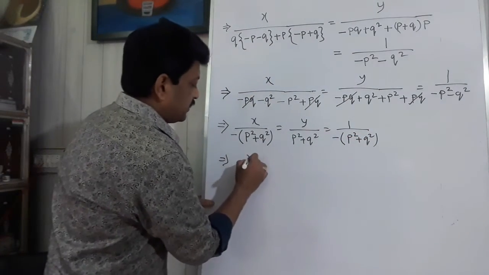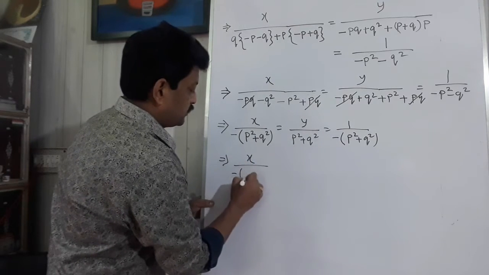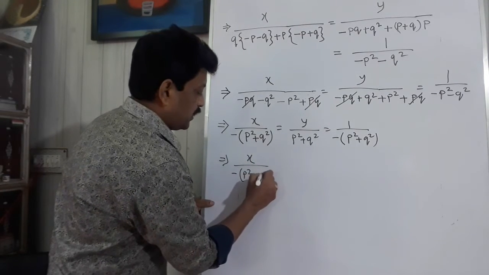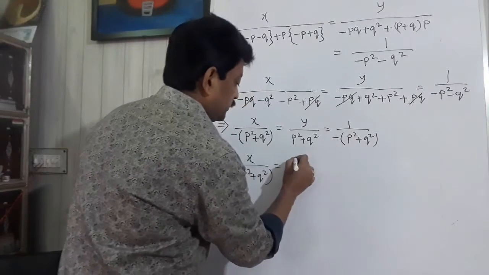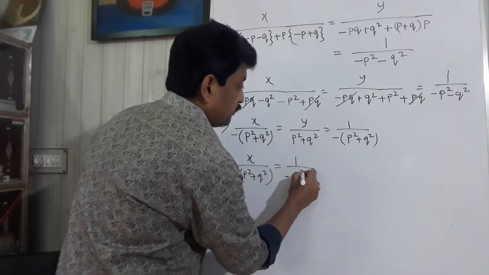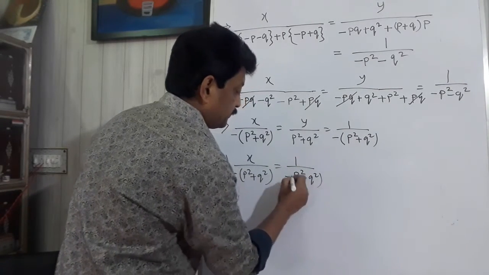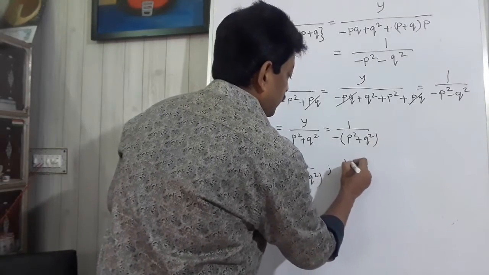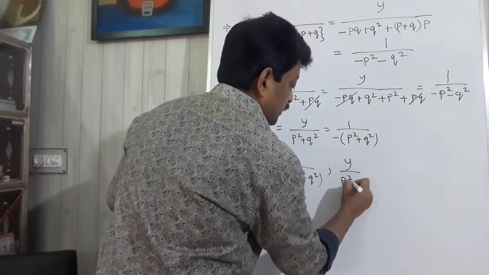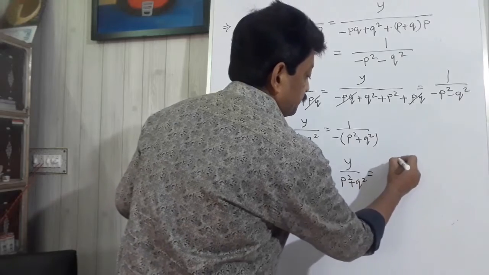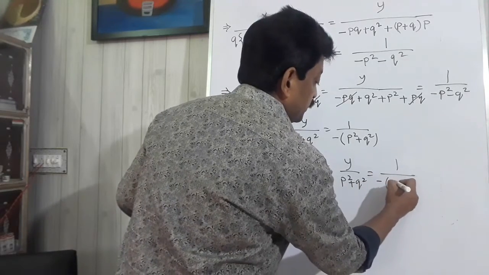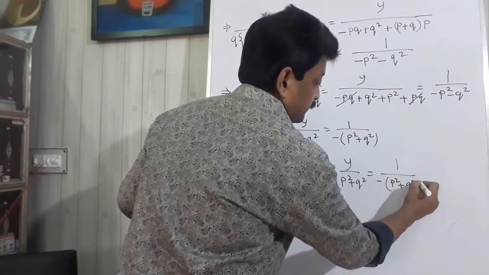Therefore we can write x upon minus of p square plus q square equals to 1 upon minus of p square plus q square, and y upon p square plus q square equals to 1 upon minus p square plus q square.